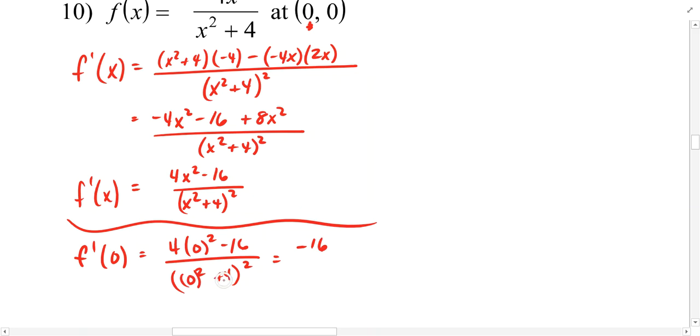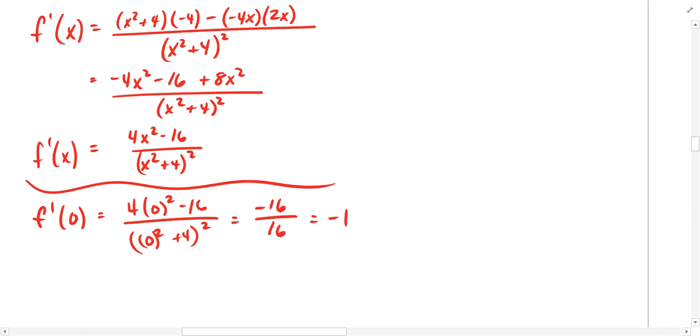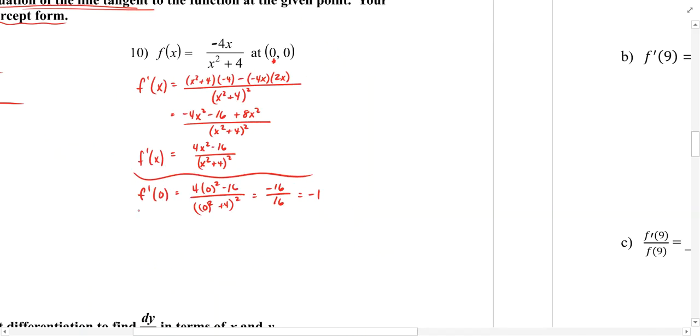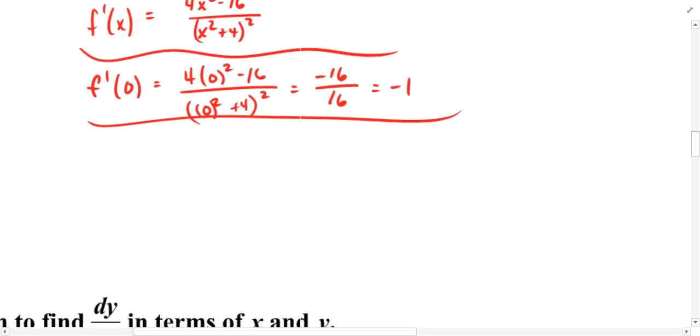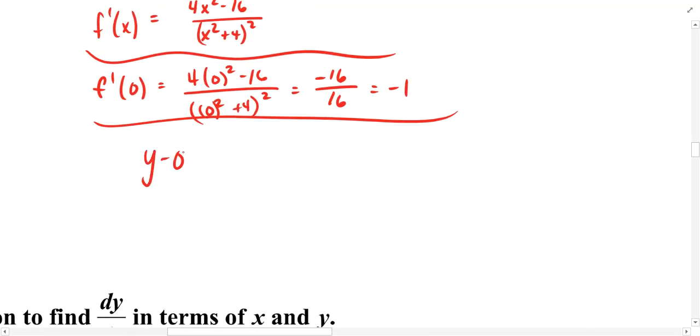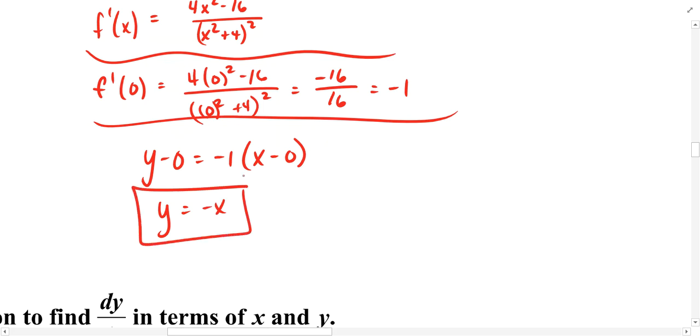And in the denominator, we've got 0 plus 4, which is 4, and 4 squared is also 16. It looks like our slope comes out to be negative 1. Now, we know that the slope is negative 1, and we've got a y value of 0 and an x value of 0. So as we simplify this equation, we've got the tangent line that will appear at y equals negative x.